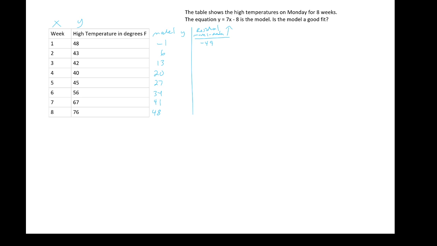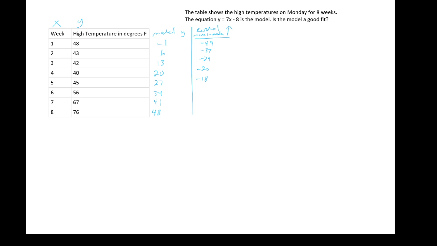And then we have 6 minus 43, we're going to have negative 37. 13 minus 42, which is going to be negative 29. 20 minus 40 is negative 20. 27 minus 45 is going to be negative 18.